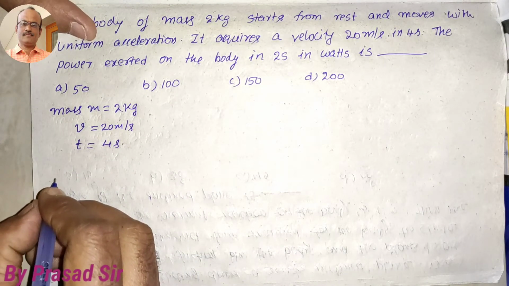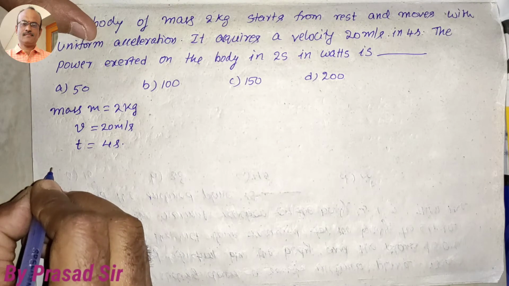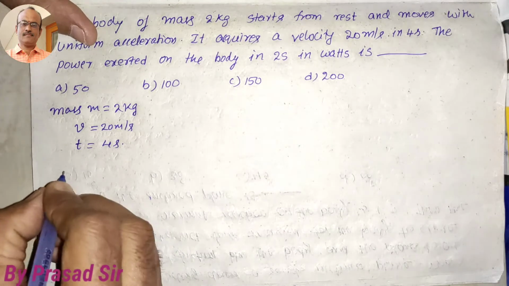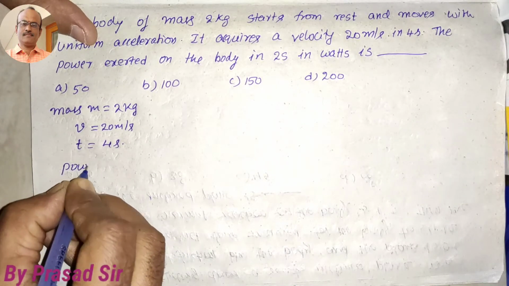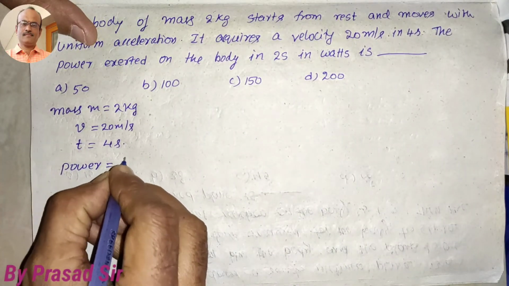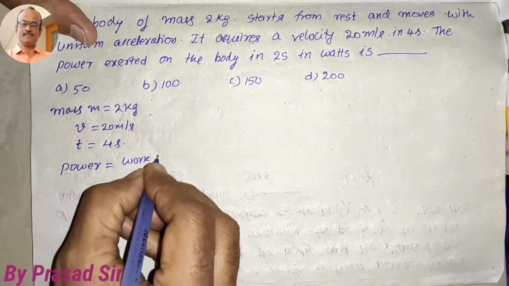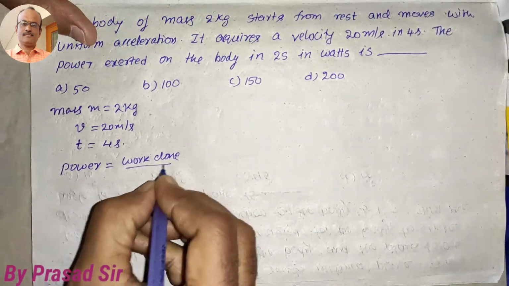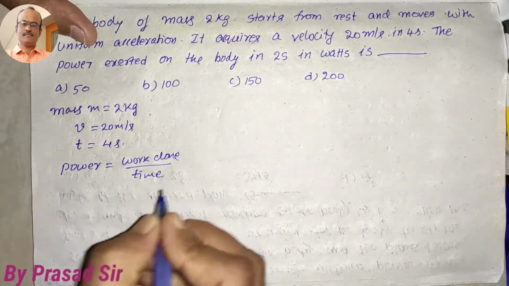But which one do we want to calculate here? Power exerted on the body in 2 seconds. So first of all, power is equal to work done by time.